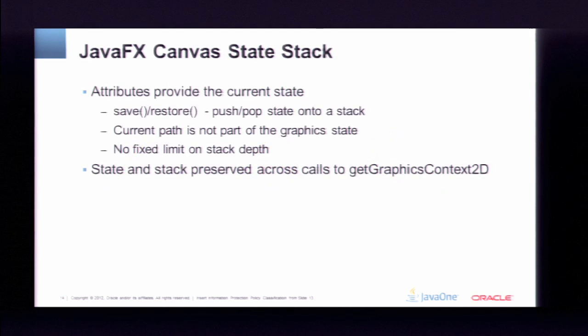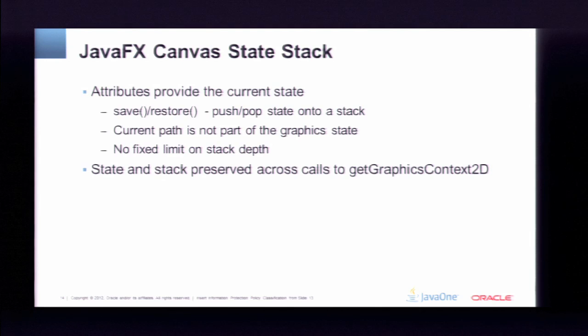And, okay, the state stack. It's very PostScript-like. It has a save and restore, which is like PostScript's gsave, grestore. It saves and restores almost the entire state that you would think, except for some reason the current path was not part of the graphic state in HTML5, and we adopted that.